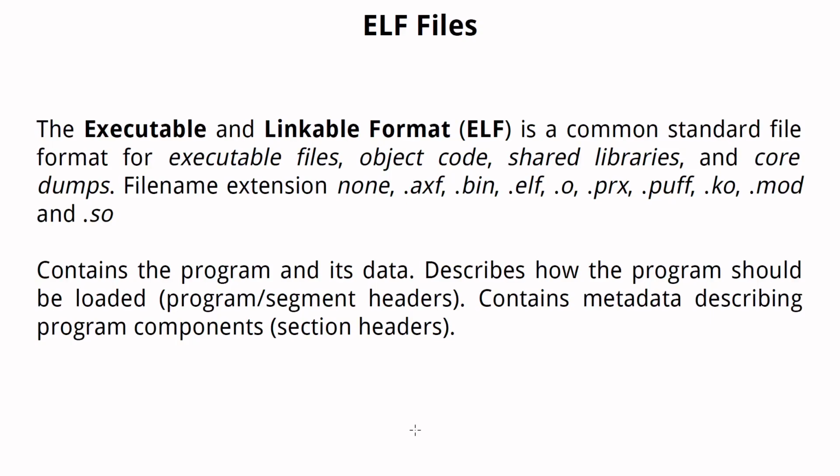You may see many different extension names. On Linux, the extension doesn't really mean much. On Windows, how you can open a file is associated with the extension name. In Linux, it doesn't really mean that much. That's why even for ELF files, we have many different extensions.